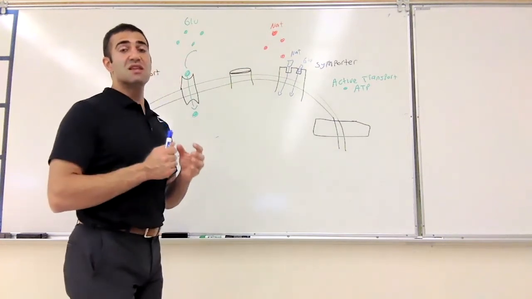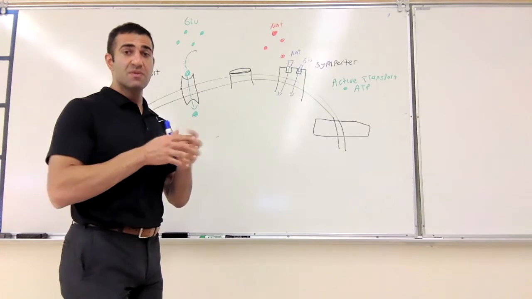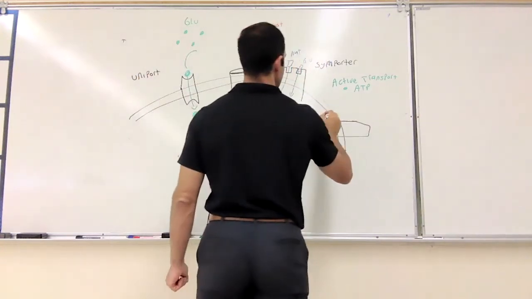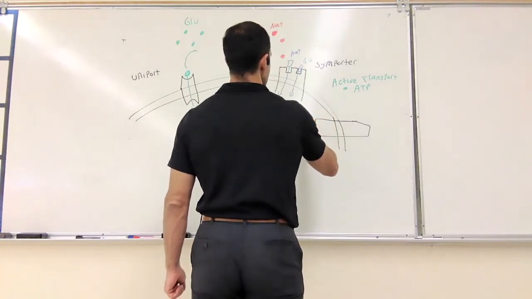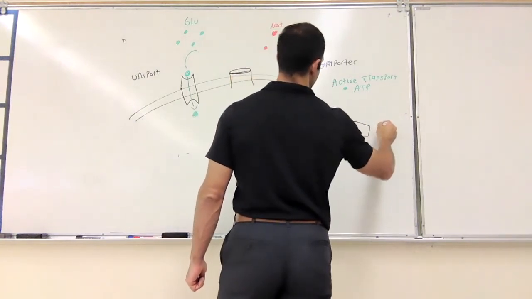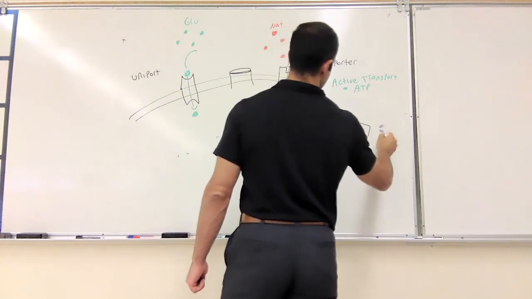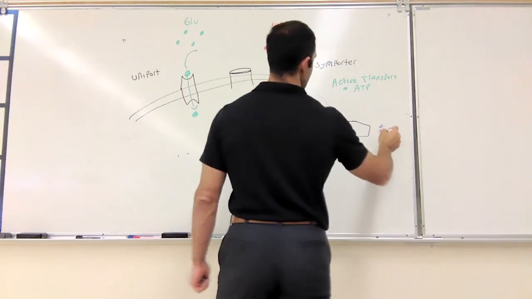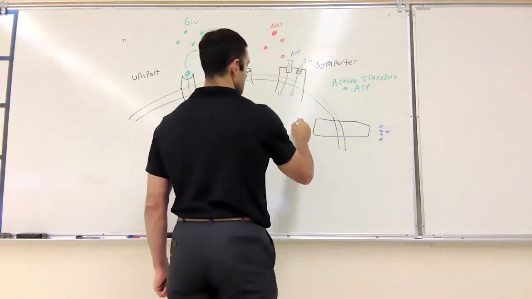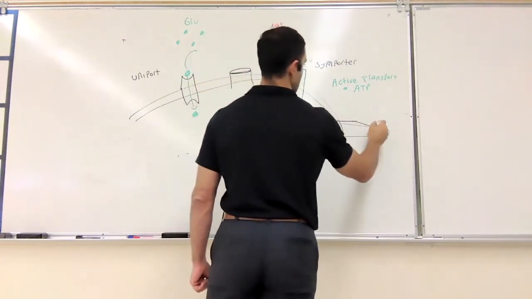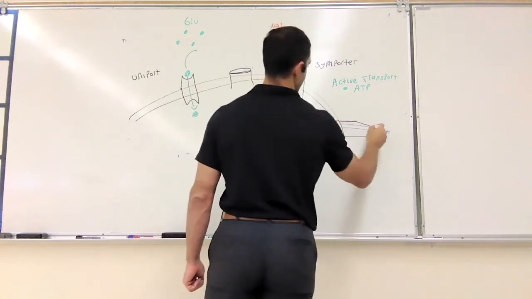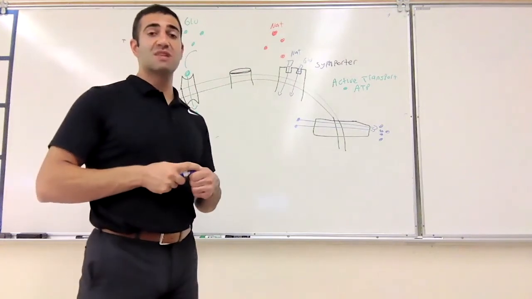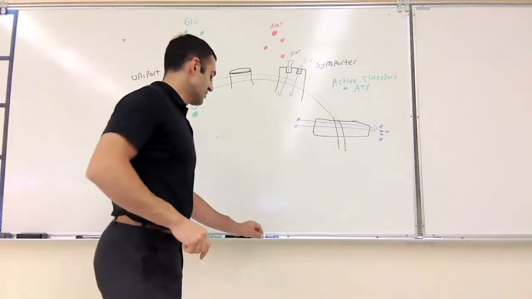In diffusion, they naturally want to go from where they're bunched up to where they're further apart. So what it does is it takes molecules that are bunched up, like so, and completely moves them against their gradient, like this. So what it wants to do is get molecules completely from one side to the other.